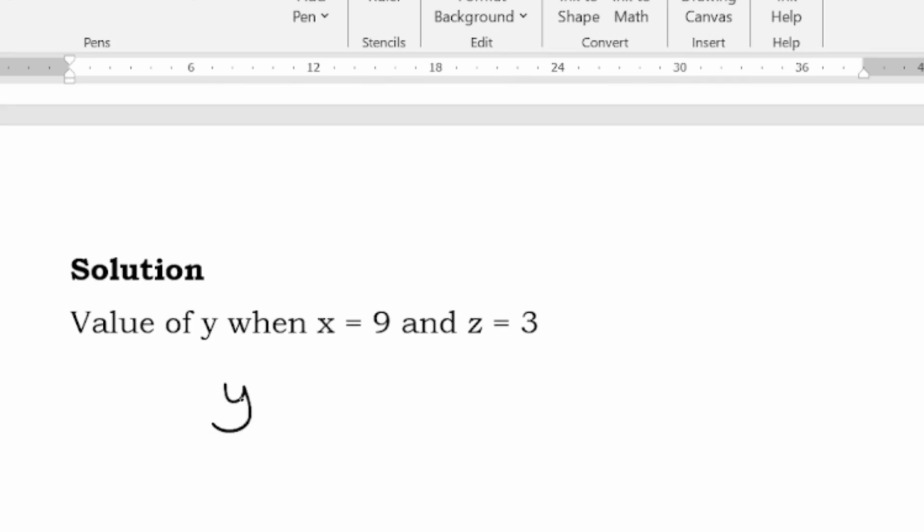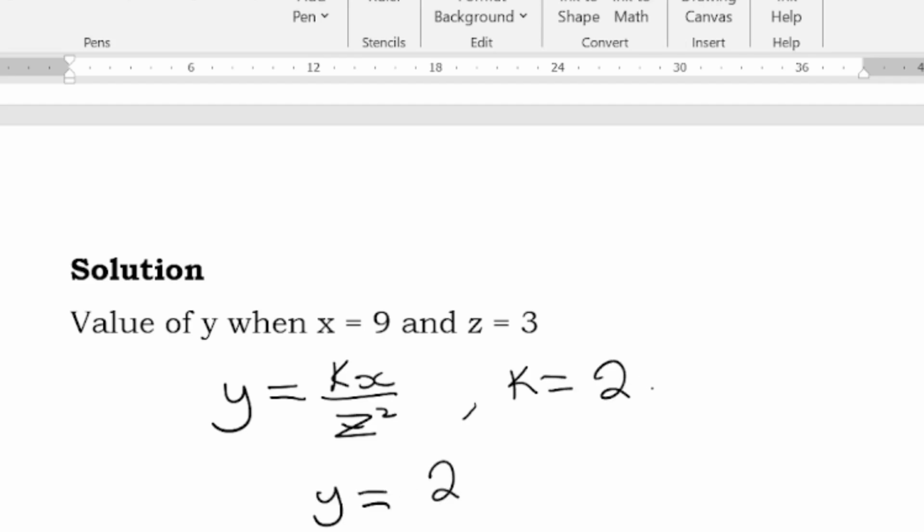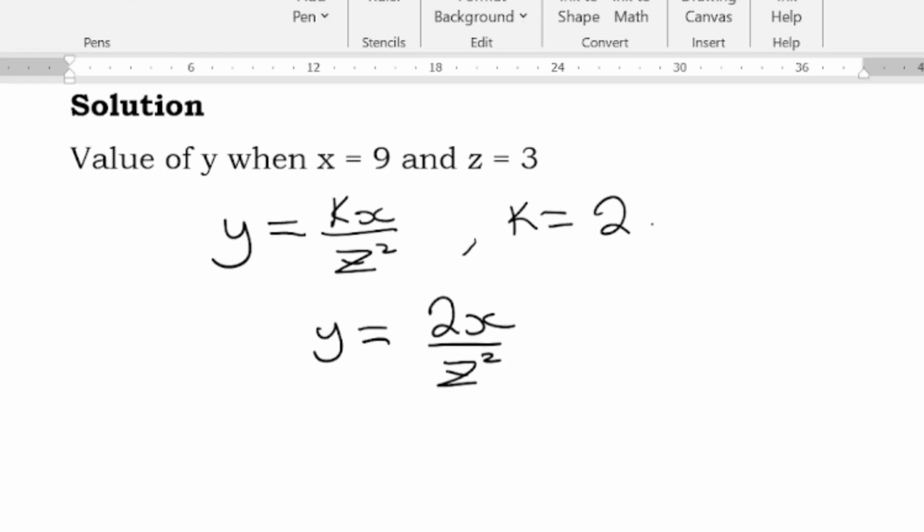Our equation is y is equal to kx over z squared. But we have just found that our k is 2. So therefore our equation becomes y equals 2x over z squared. Now, to find the value here, we are given x is 9 and z is 3.